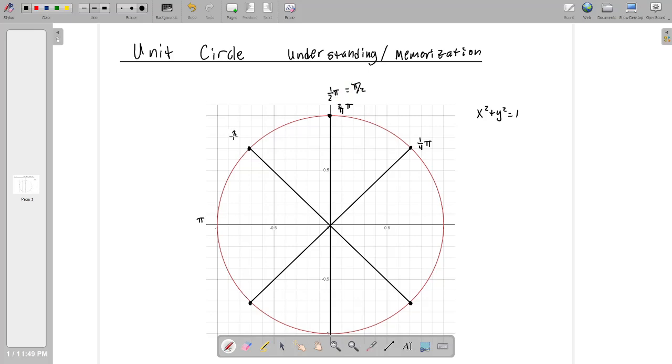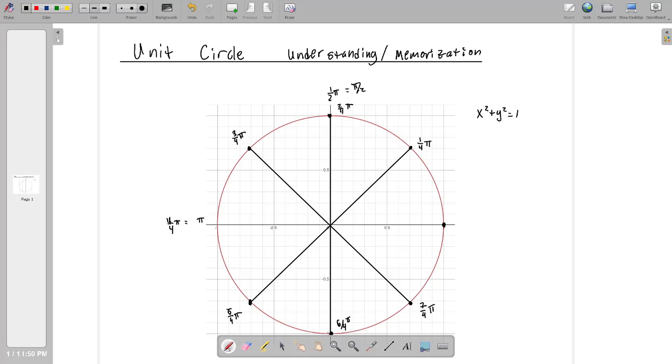This is 3/4 pi, 4/4 of course, which is equal to pi. This would be 5/4, this would be 6/4, and this is 7/4.